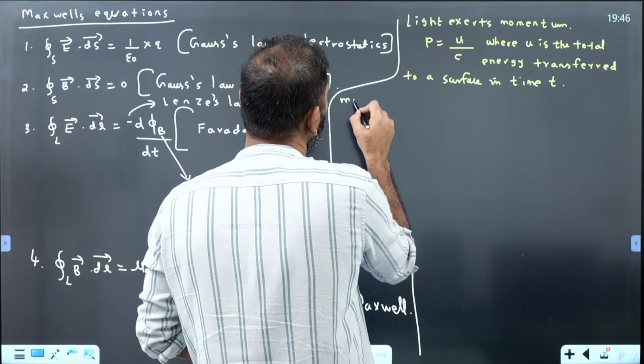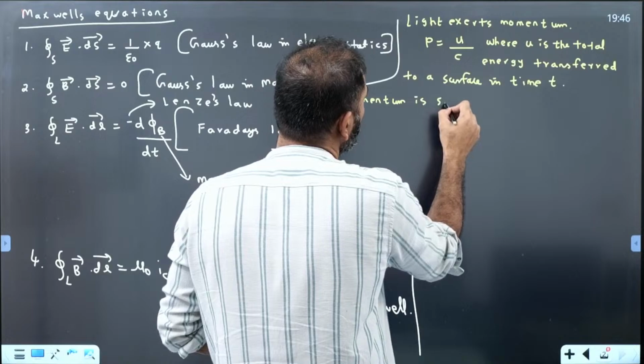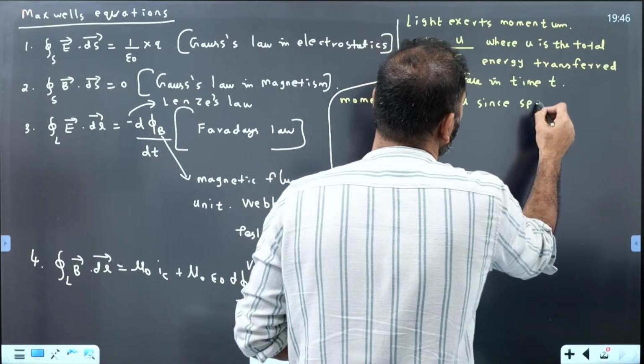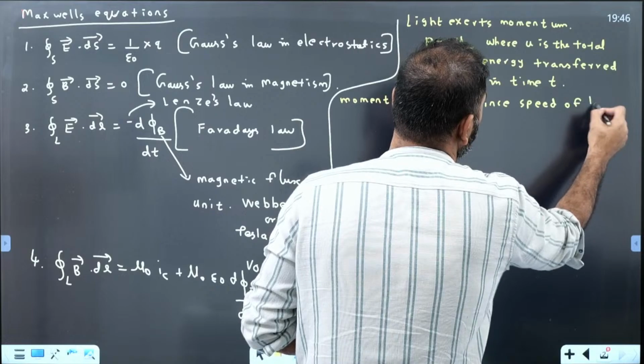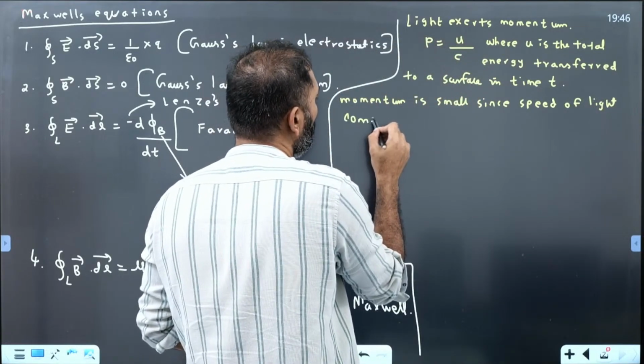Momentum is small since speed of light comes in the denominator.